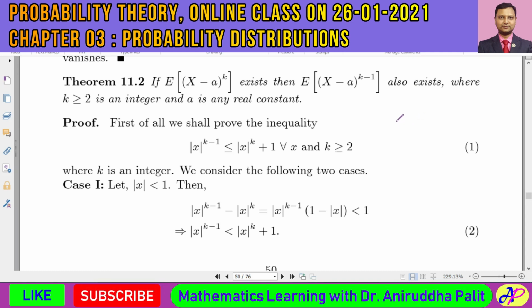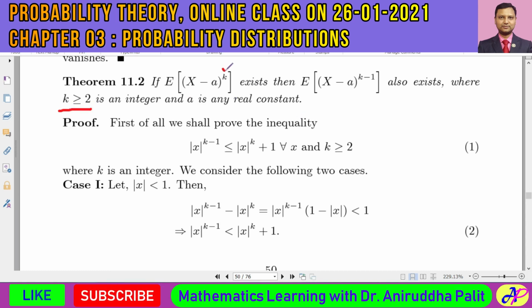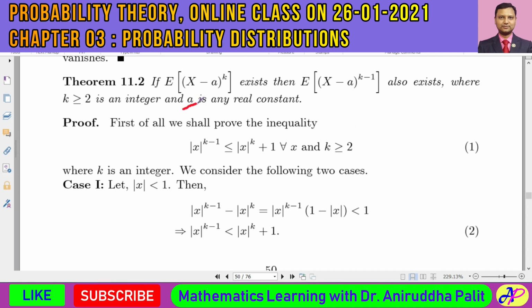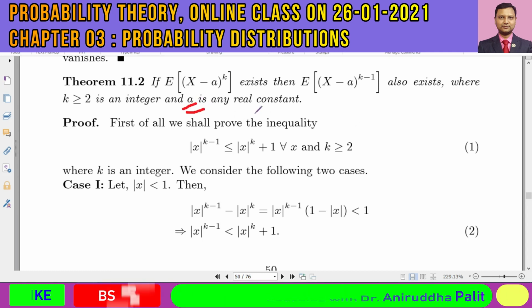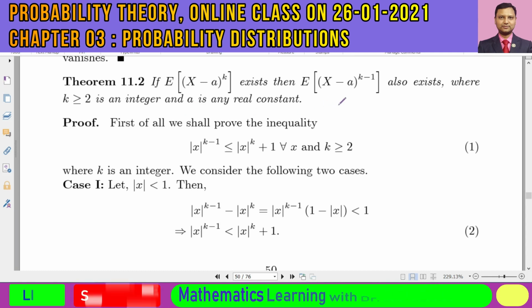And of course over here k should be greater than or equal to 2, because if k is equal to 2, the smallest value, then k minus 1 would be equal to 1. So k should be greater than or equal to 2, and this small a is any real number. It may be the mean value or it may be some other kind of real constant.